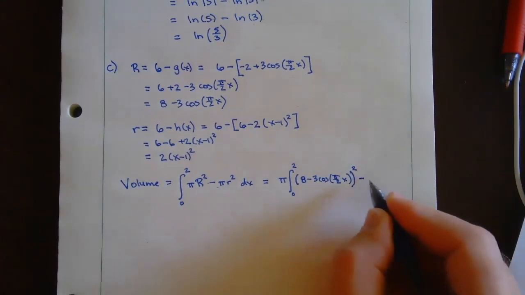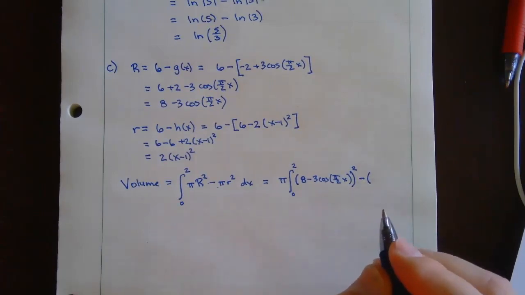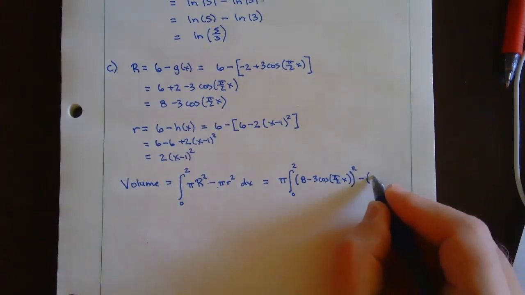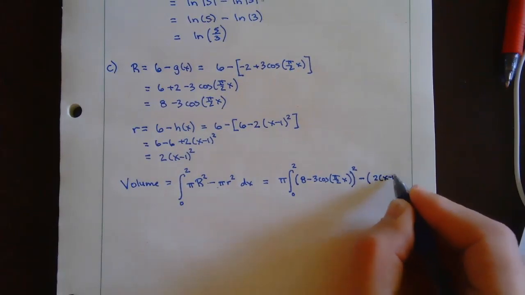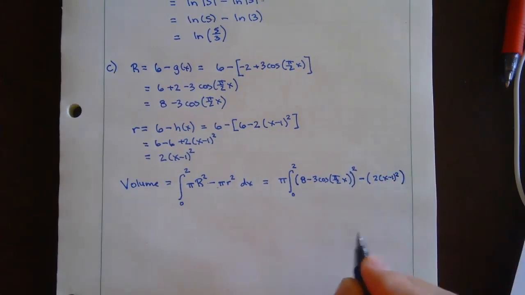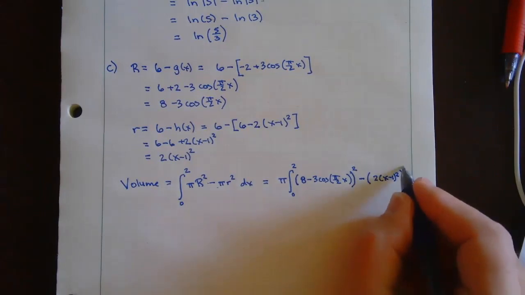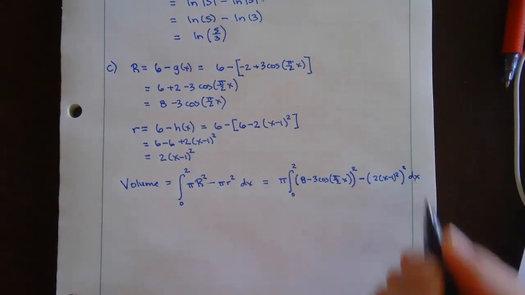And then minus my little r, and my little r would be this 2 times x minus 1 squared, close the parenthesis for that. That's my little r, and I'm going to square it, and then dx. And you've got it. That's it.